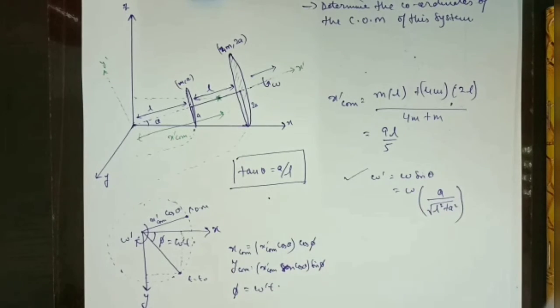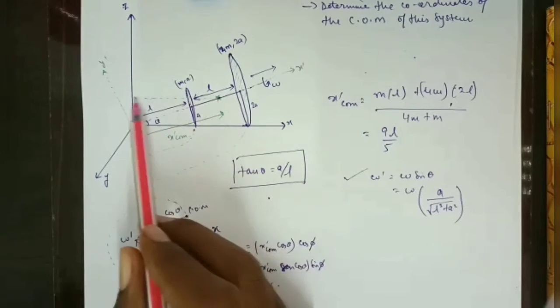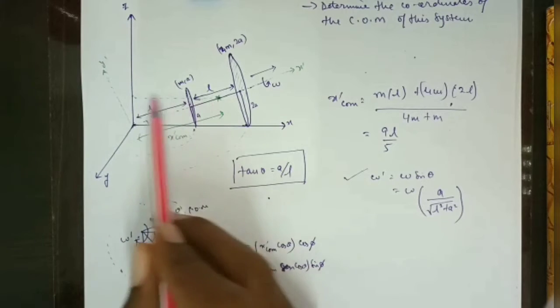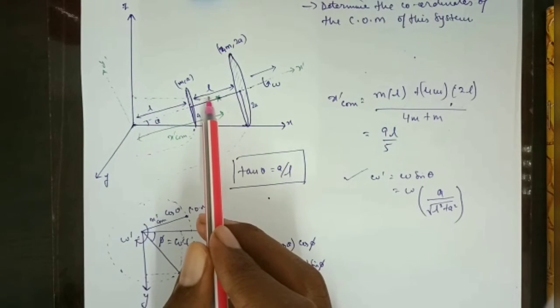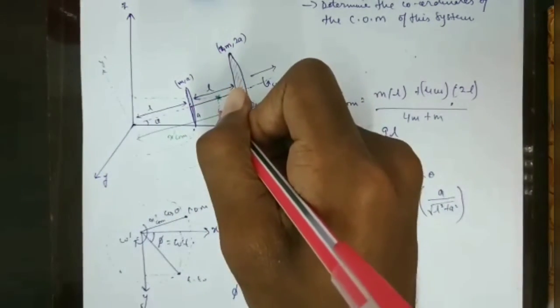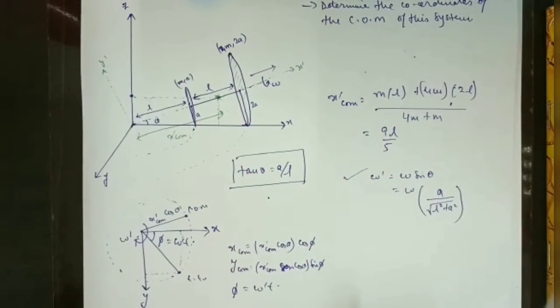Now finally, one more thing is you can see that the z COM is always constant. This point remains always constant, this is time independent.